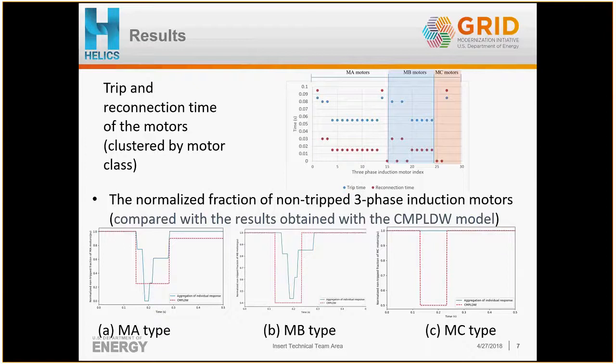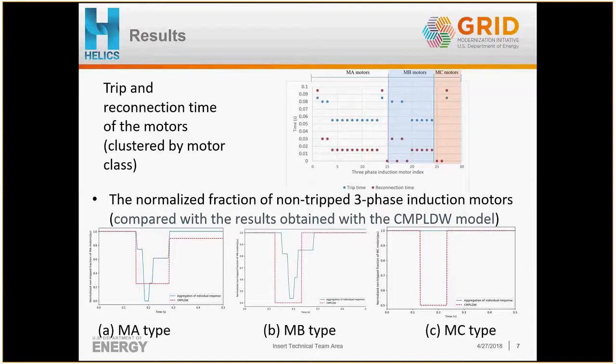Here I'm showing the normalized fraction of the non-tripped 3-phase induction motors, and comparing it with the results obtained from the existing composite load model with the default data. You will see that both the timing as well as the level of tripping are quite different for these 3 types of induction motors, and the main difference is very obvious, particularly for the motor C type.